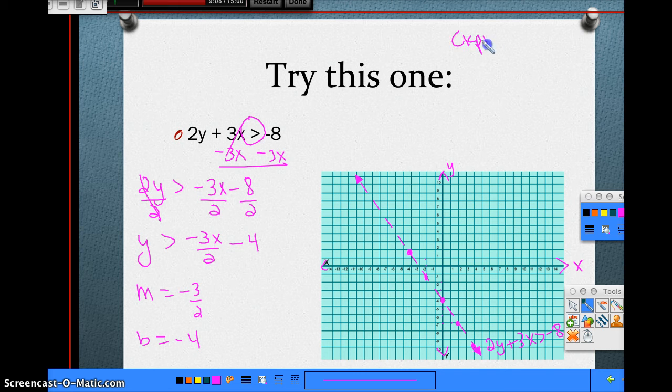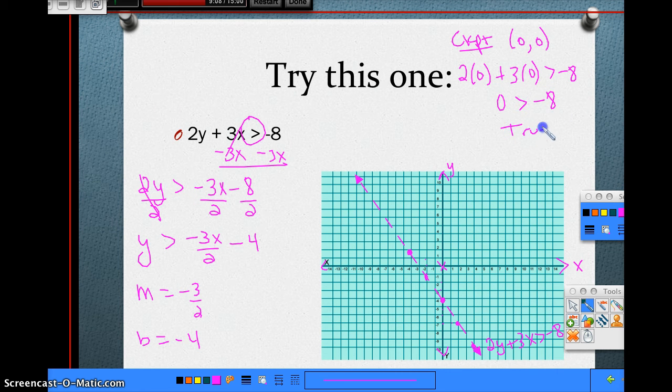That's using our checkpoint. Now, can I use 0, 0 for my checkpoint? Yes, because it's not on the line. So I'm going to just substitute 0, 0 into my original equation. I end up getting 2 times 0 is 0, 3 times 0 is 0, 0 plus 0 is 0. Is 0 greater than -8?